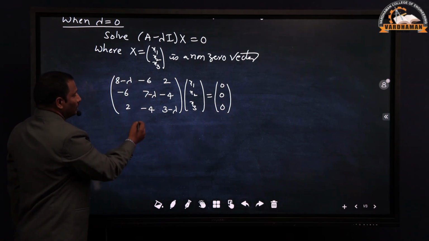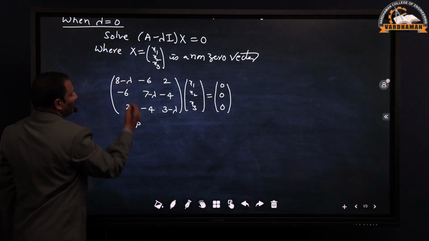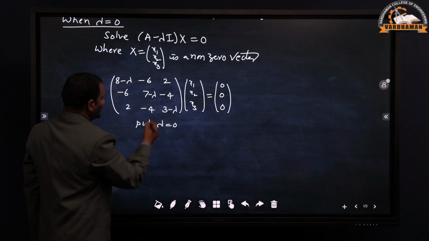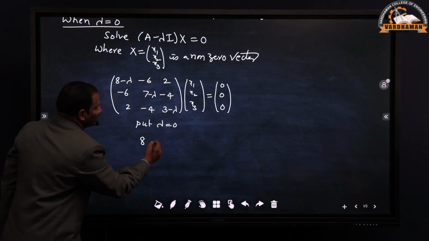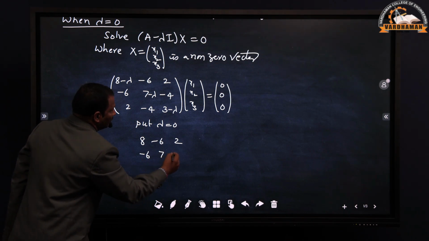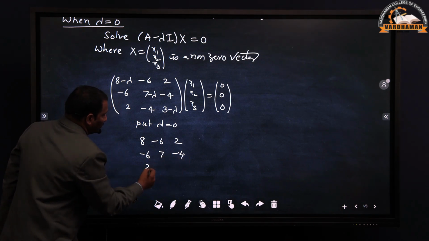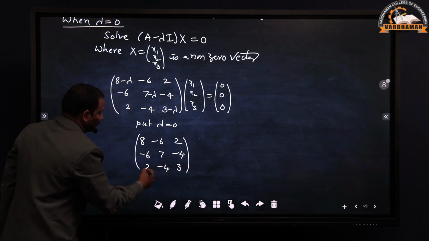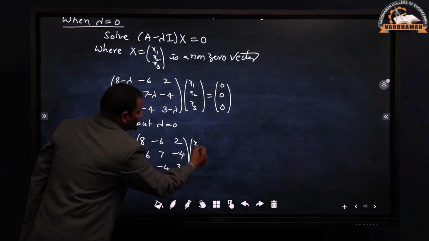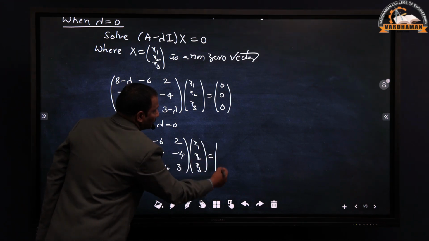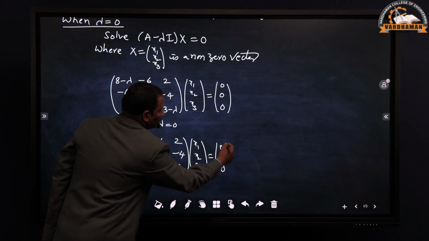Now substitute the case when lambda equals 0. Put lambda equals 0 and we get the matrix 8, minus 6, 2; minus 6, 7, minus 4; 2, minus 4, 3 into the column matrix x1, x2, x3 equals 0, 0, 0.